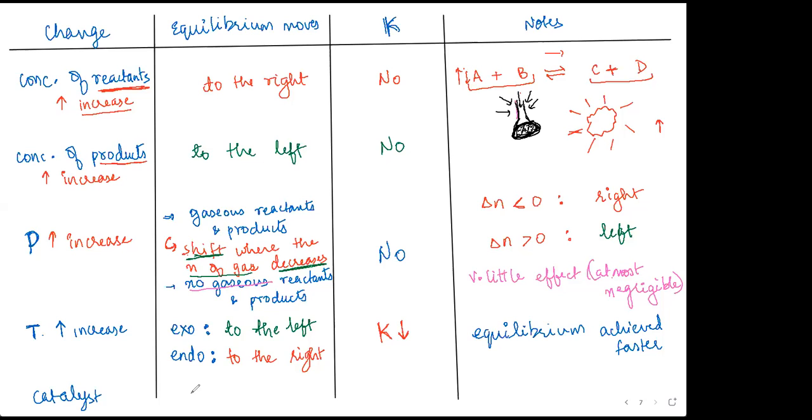Ma'am, it does not affect. Very good. So no change. Will it affect the value of the equilibrium constant? No, ma'am, that will also remain unaffected. Correct. So just like with temperature increase, a catalyst only ensures that the equilibrium is reached faster. It doesn't affect anything else of the equilibrium.